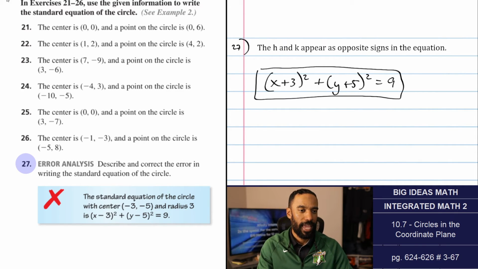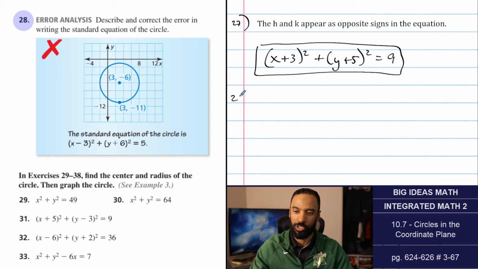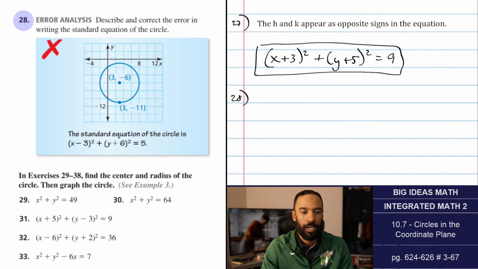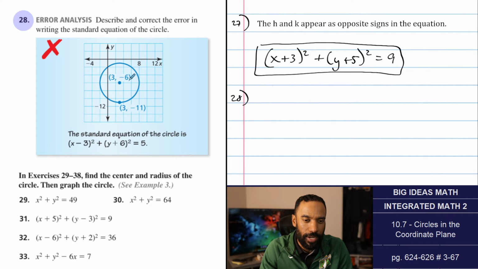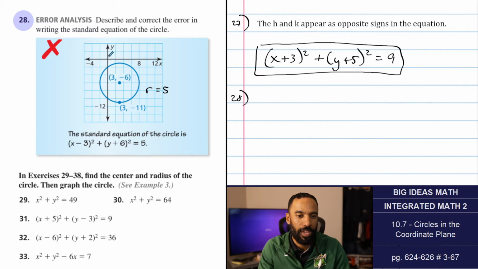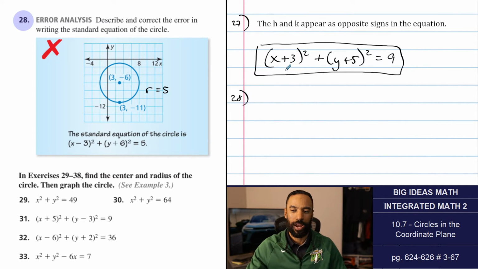All right, number 28. Describe and correct the error in writing the standard equation of the circle that's graphed. Maybe a scale issue? They go from 3, -6 down to 3, -11. That radius is 5, so we got to square that. They didn't square it. The x minus 3 and y plus 6 are good. R equals 5, so we got to square that.